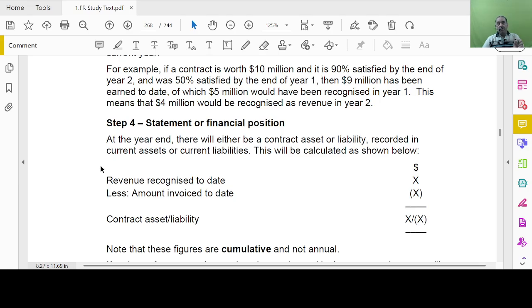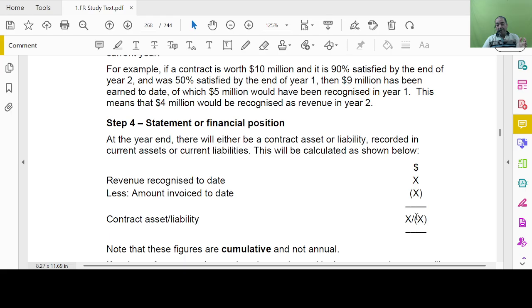Right? We don't call it accounts receivable, we don't call it sundry debtors, but we will call it contract asset. Let us assume that the revenue receivable for the current year is $500,000, but the customer has paid us $600,000. So he has made excess payment of $100,000, for which there will be a contract liability.